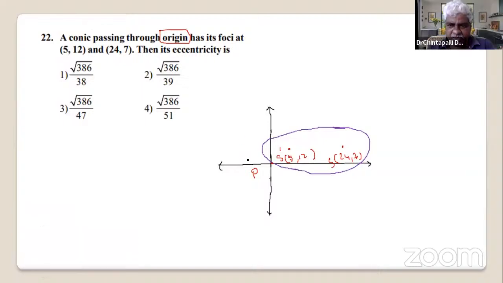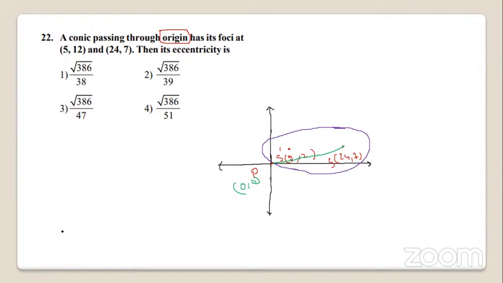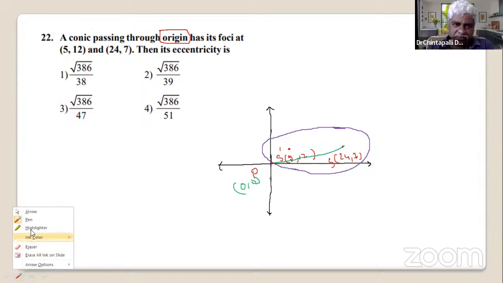SP plus S dash P is equal to A, right? First tell what is SP, where P is 0,0. SP is the distance between S and P. Calculate. That is 24,7. Distance between 24,7 and 0,0.